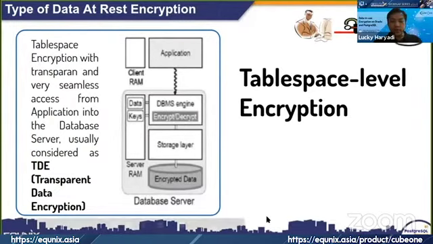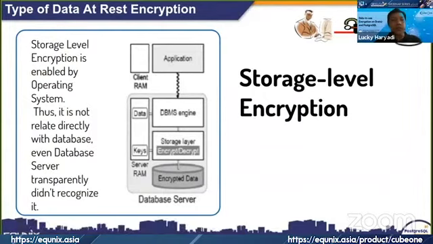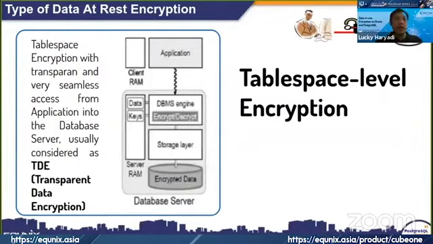It is pretty much the same as the storage level encryption. The difference is that storage level encryption is managed by the operating system, while tablespace encryption is created and managed by the RDBMS, so the RDBMS will manage the encryption of the data. Usually we consider this as TDE.